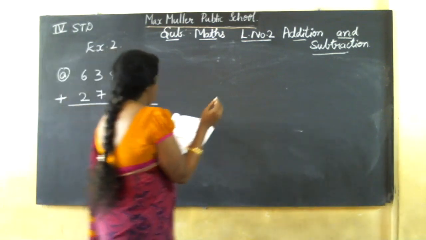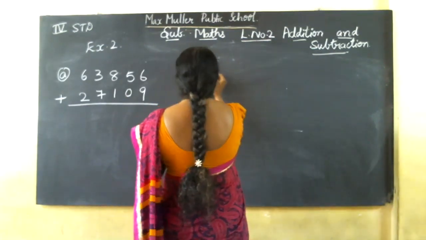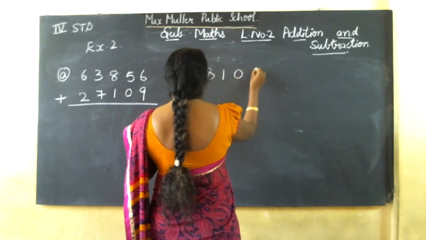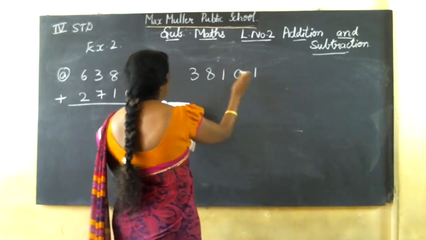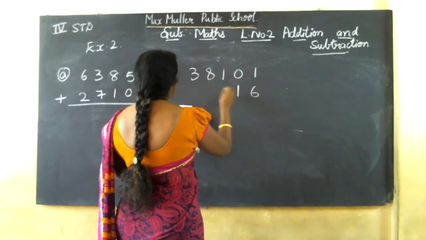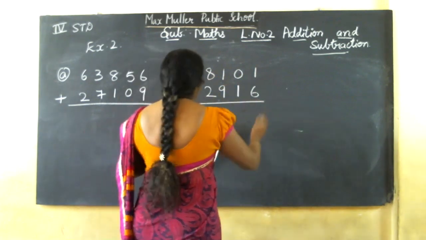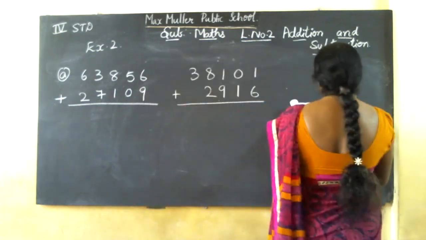Next I'll do the second sum also, because that is 4 digit and 5 digit. 3, 8, 1, 0, 1. Next is 2916. Ones, tens, 100,000. You should write 6, 1, 9, 2. Addition.